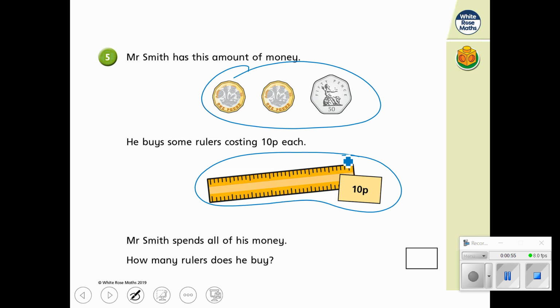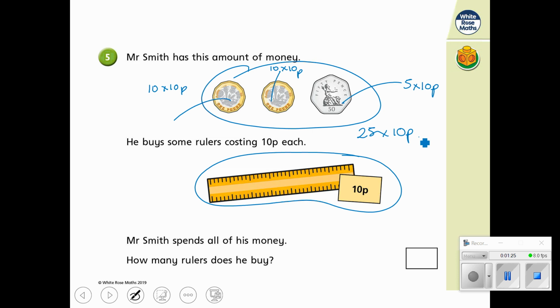Now I'm using the information that you have obtained from watching the video. I know in £1 there are 10 lots of 10p. I know in another pound there are another 10 lots of 10p, and I know in 50 pence there are another 5 lots of 10p. So altogether, in that amount of money, I have got 25 lots of 10p.